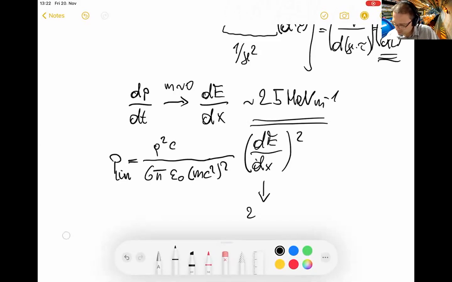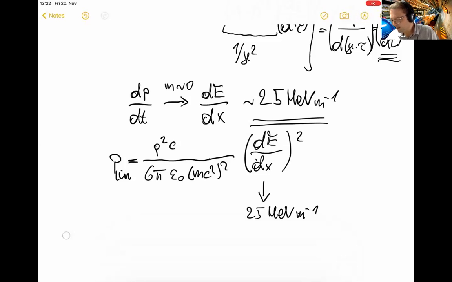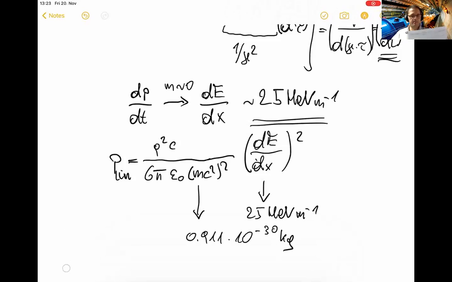This is 25 MeV per meter. The mass is 0.911, it's the electron mass, 0.911 times 10 to the minus 30 kilogram. I did write down what epsilon 0 is.